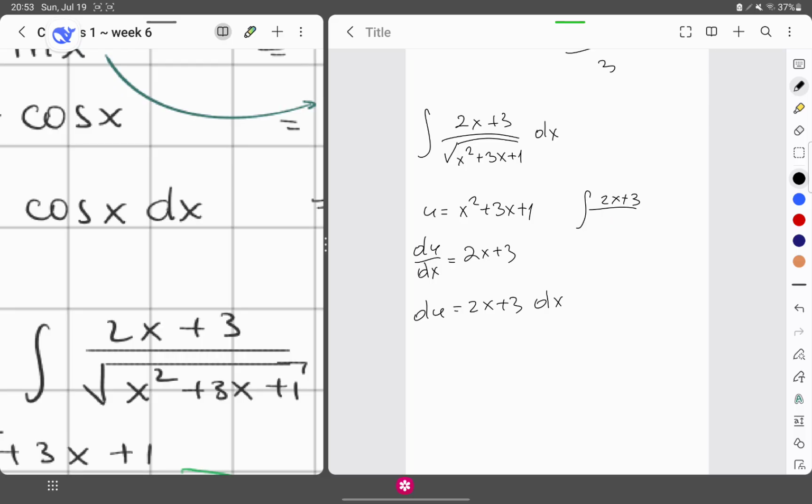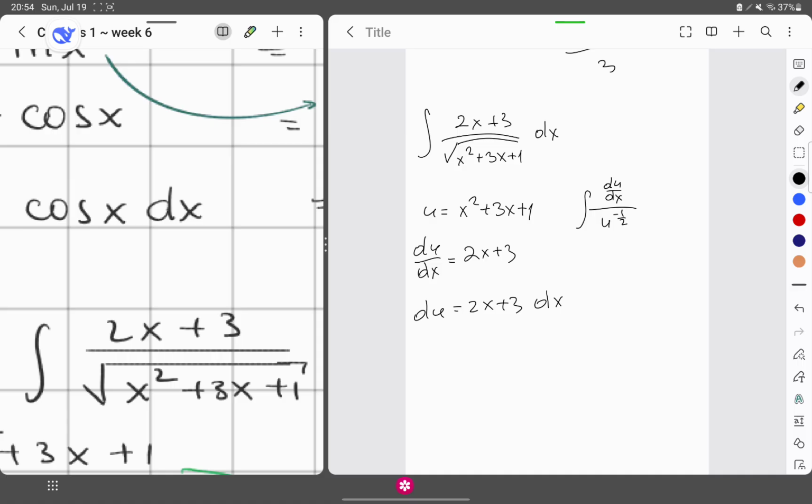Oh my god, I got really confused right now. Wait a second. 2x plus 3 is what? Du over dx. X squared plus 3x plus 1 is what? U to the power of negative 1 over 2. Dx is what? Oh my gosh, I got really confused right now.